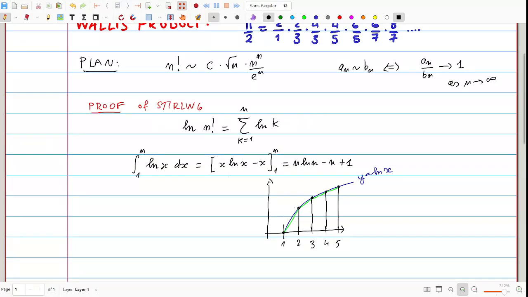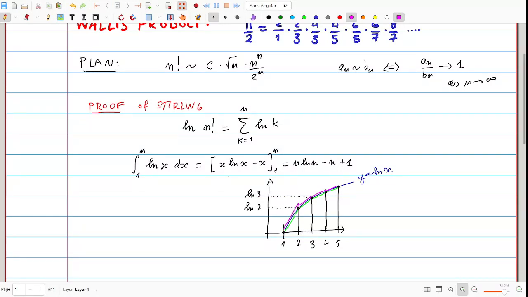This is the logarithm of 2, logarithm of 3, and from above we can take the tangent trapezoids. So this will give a very precise approximation of the integral.